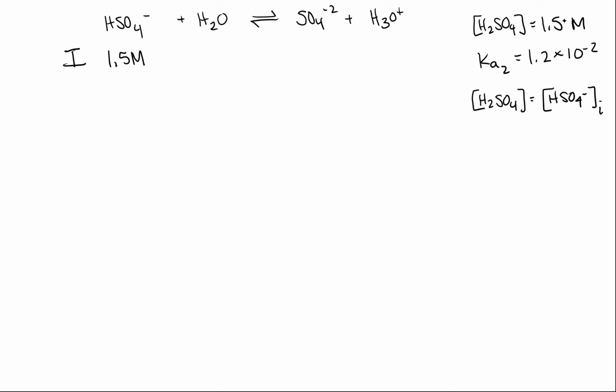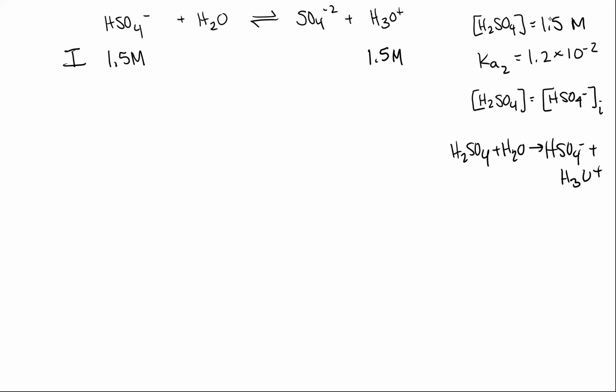So now thinking about this reaction, our H2SO4, when it reacts with water, is going to form not only HSO4 minus, but also H3O plus. So that means our H3O plus concentration initially in the second reaction is also 1.5 molar.